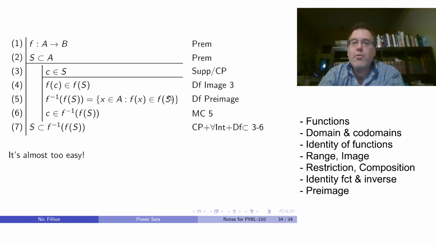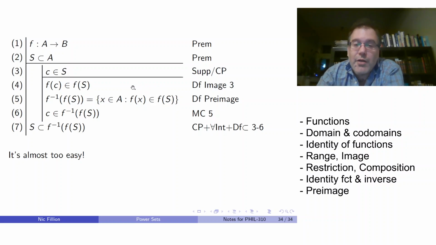So now I know what it means for C to be in the pre-image of the image of S. It tells me that I need an element of A, right? Now C is in S, and S is a subset of A, so that means C is in A. Trivially satisfied.